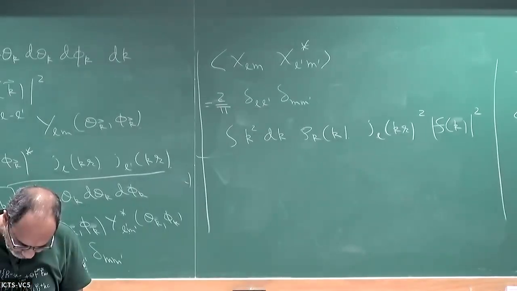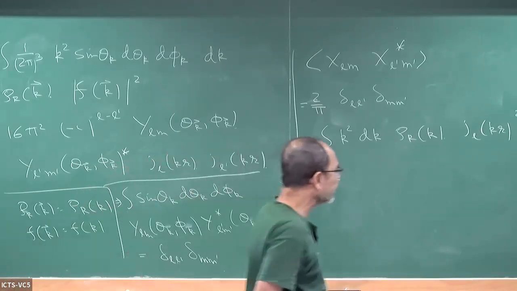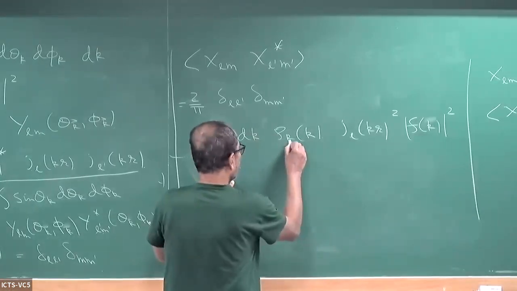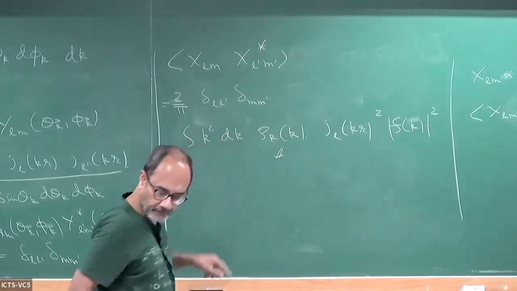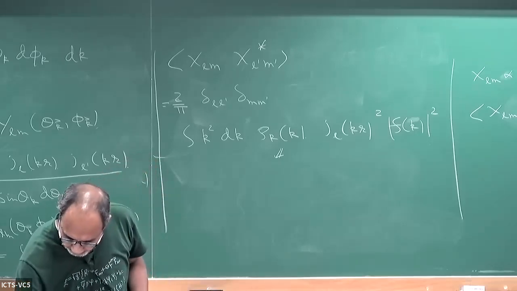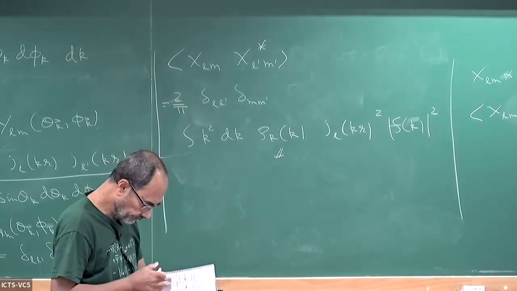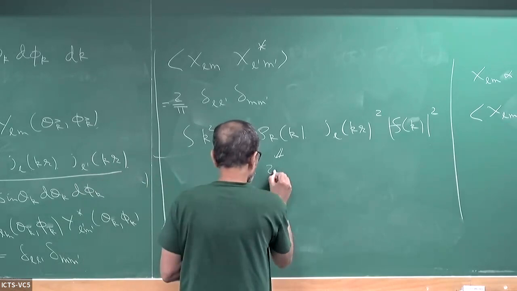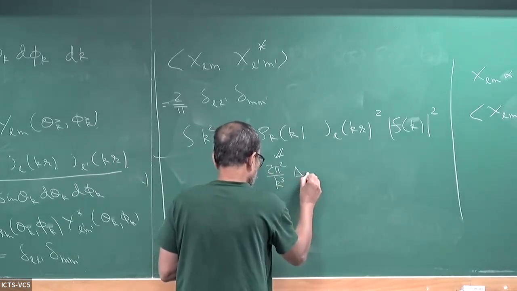We can also write it in terms of the delta S. This we had written P_R, if you recall, we had identified a parameter. This was given by, let me put the normalization correctly, 2 pi square over k cube delta S square.